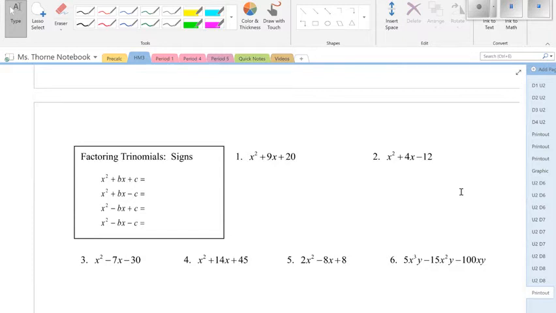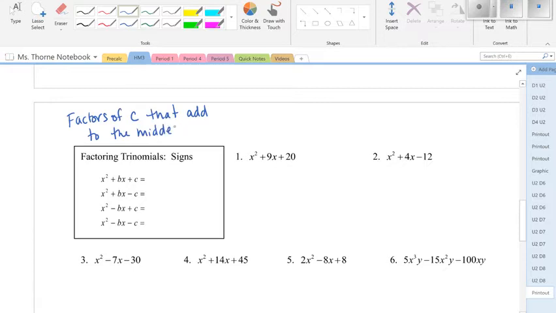So when you're factoring trinomials, remember you're going to look for factors of the constant, which in this case for all of these scenarios would be c. So factors of c that add up to the middle term, b in this case, since we're using b.